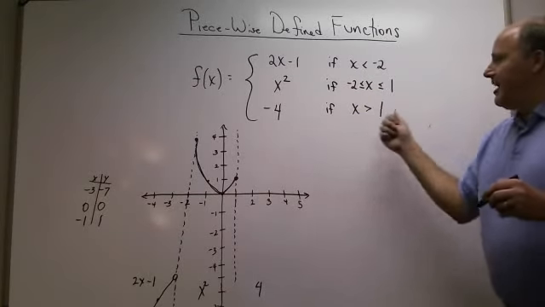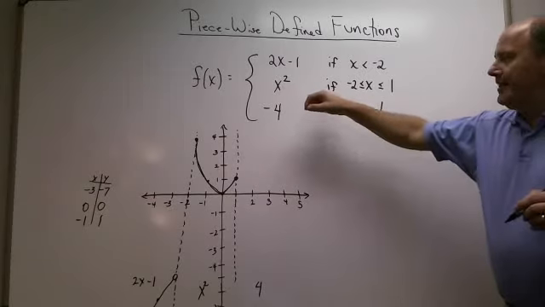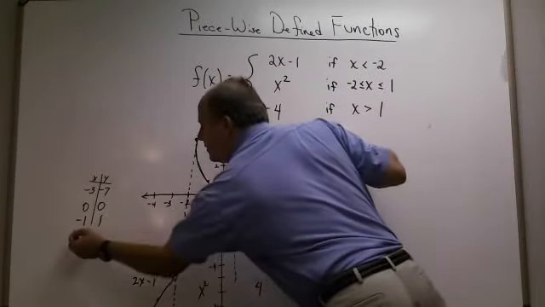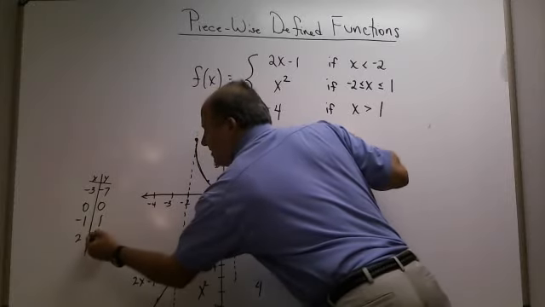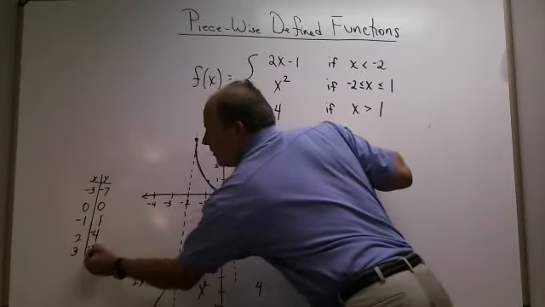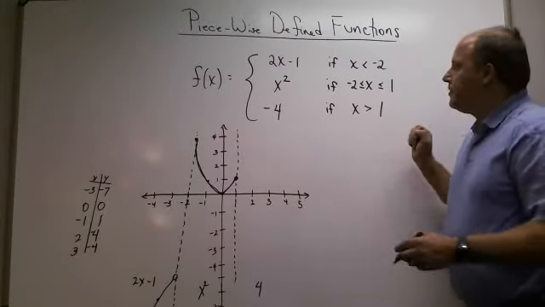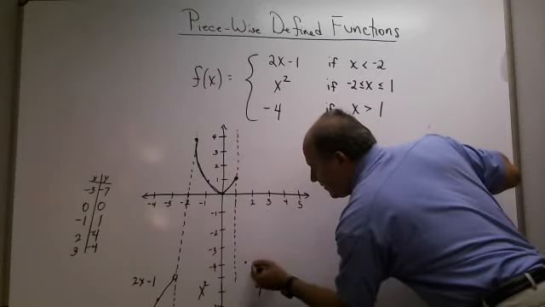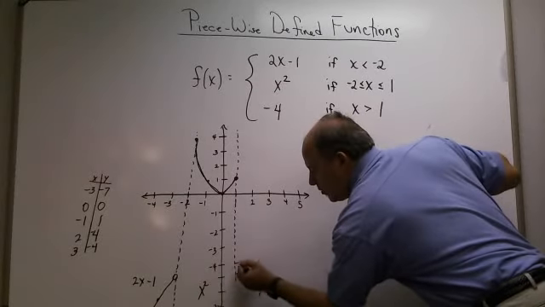Now on the right side of 1, it's defined to be -4, a horizontal line. If you plug in 2, it stays constant at -4. If you plug in 3, you get -4. Like I said, it's a horizontal line.